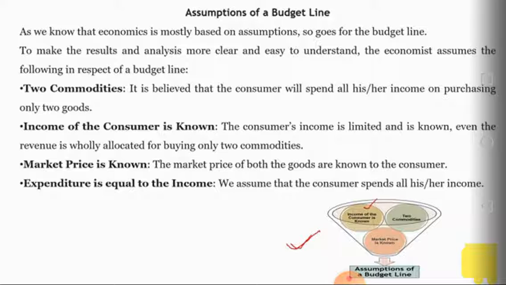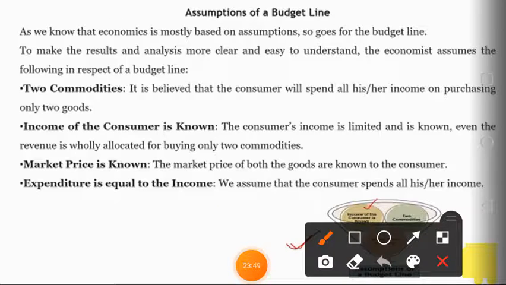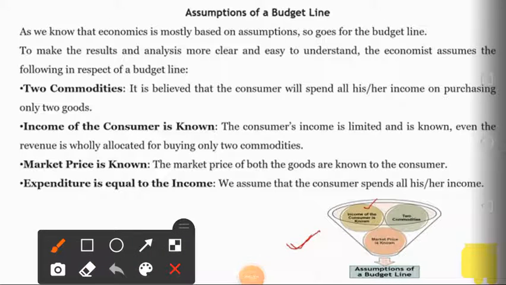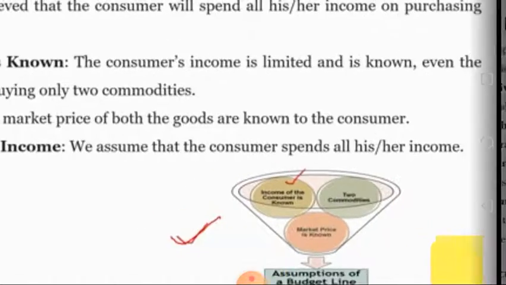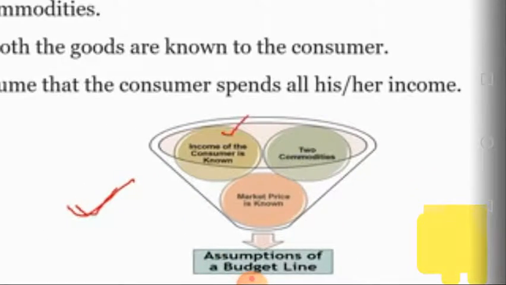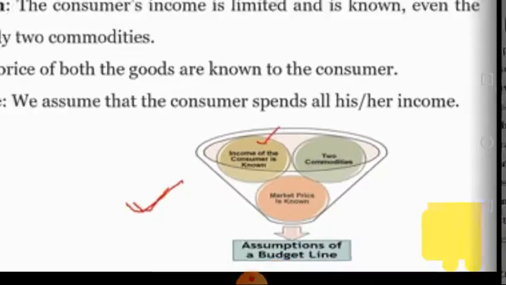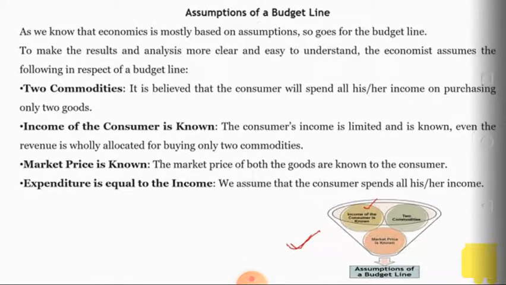The economists assume the following with respect to the budget line: two commodities, income of the consumer is known, market price is known, and expenditure is equal to the income. These are the assumptions we'll keep in mind before making the budget line. And you can see here the assumptions of a budget line are: market price is known, two commodities, and income of the consumer is known. Then easily we can make the budget line.